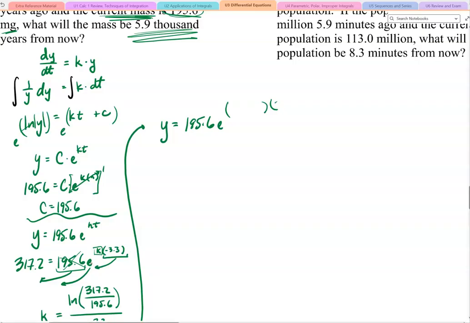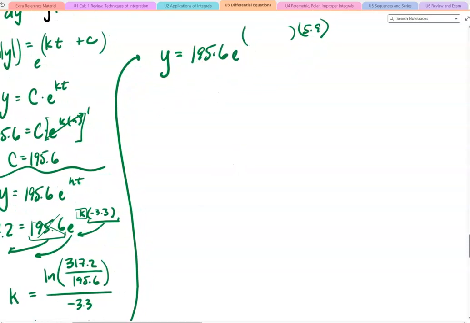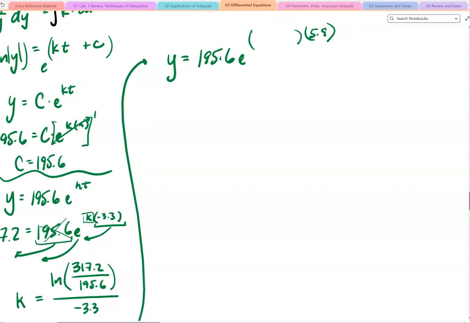The t power is 5.9, and rather than using the decimal for k, I am going to copy this whole fraction in here because I know my calculator can handle it. That'll be the natural log of 317.2 divided by 195.6, and all of that divided by negative 3.3.